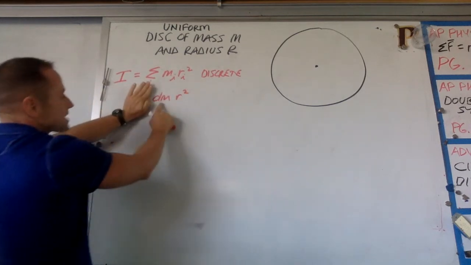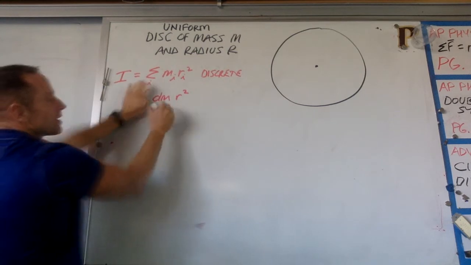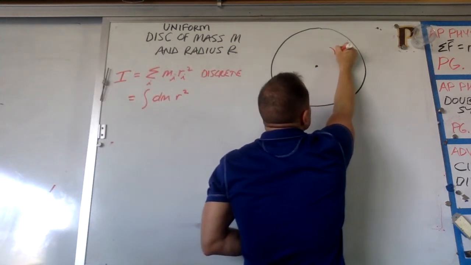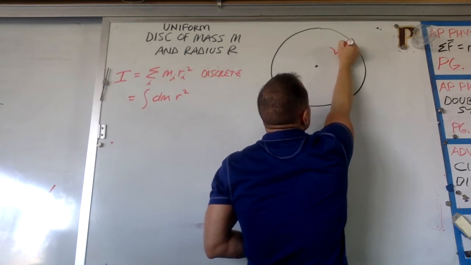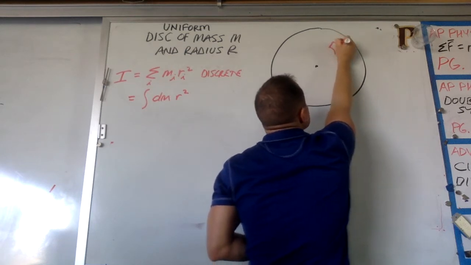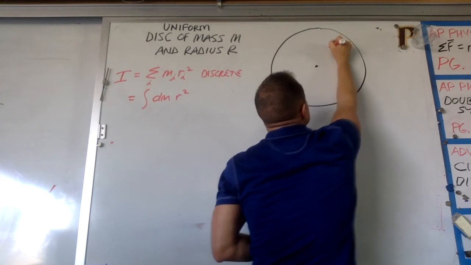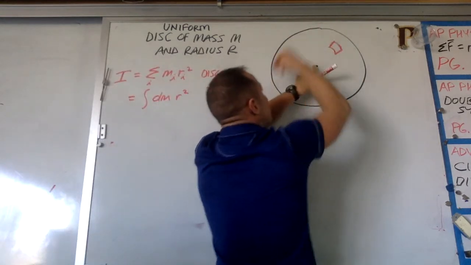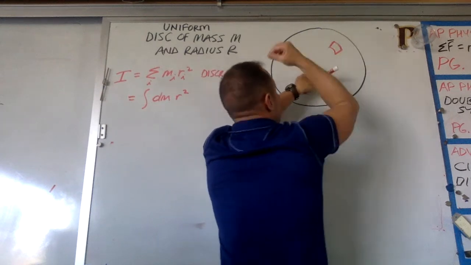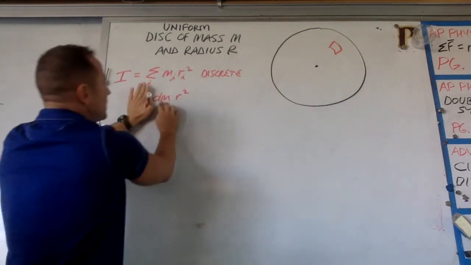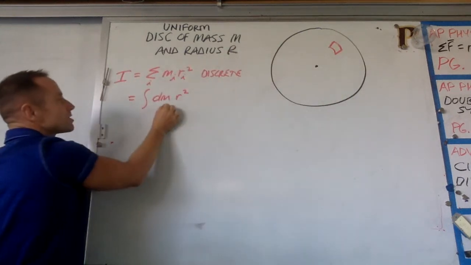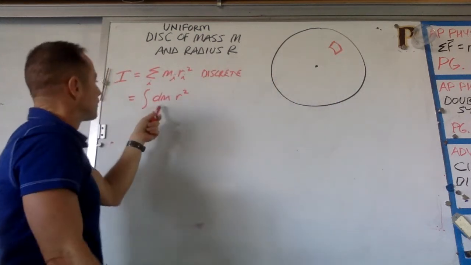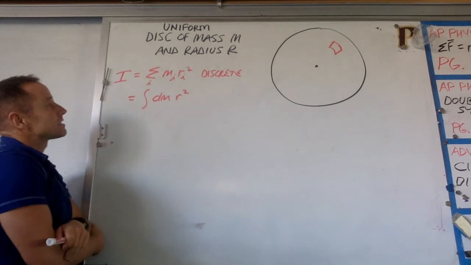This combination, dm times r squared, would be the moment of inertia of only this one tiny bit of the mass about the center. If just this little piece was going round and round, that would be its moment of inertia. But of course we have to add up all the pieces in the disk. That's the mechanism of what this integral does.